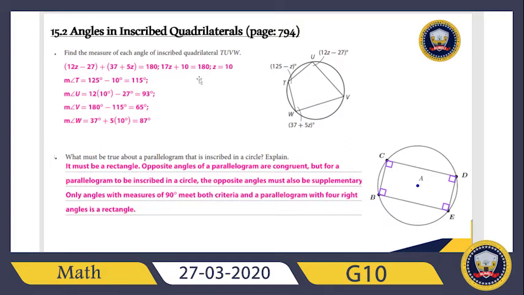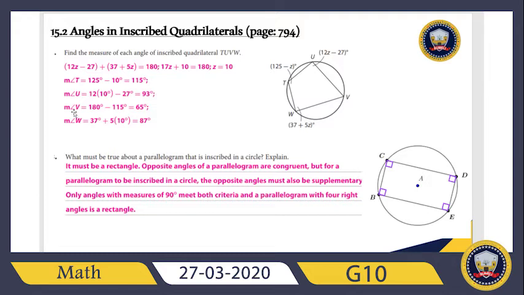All right, I'm sure you know how to solve this kind of equation. You're more familiar with these. Now, what is the measure of T? I found Z to be 10, so I just go to the expression and substitute for Z. It is 125 minus Z, which is 10, so it is 115. U also, it's 12 times Z, meaning 12 times 10 minus 27, which is 93 degrees.